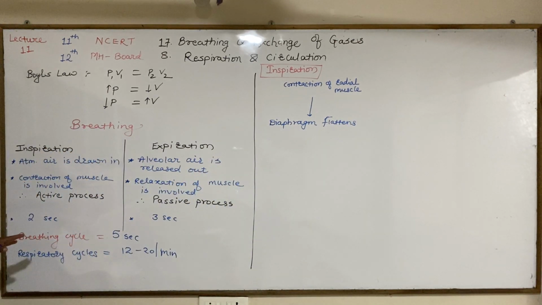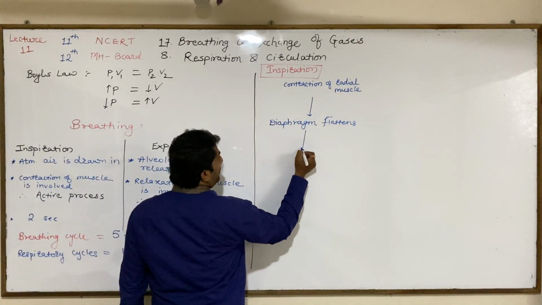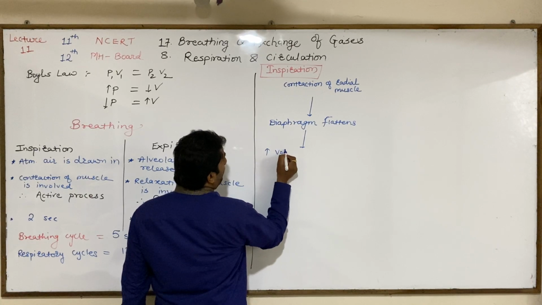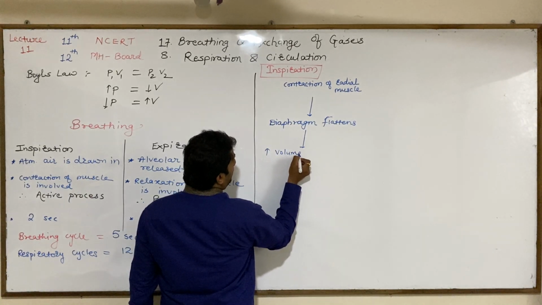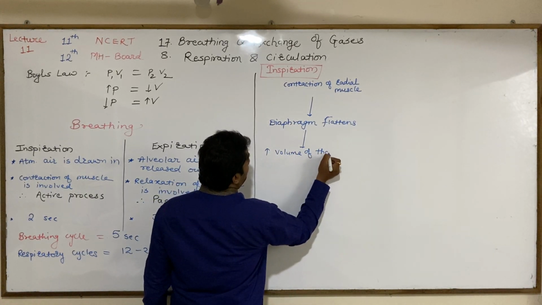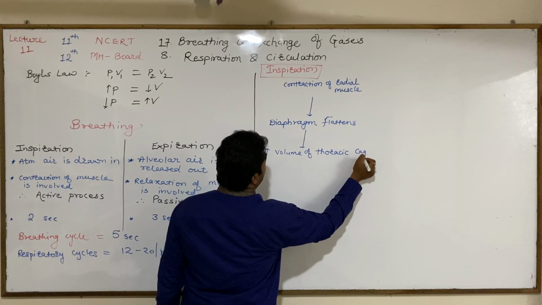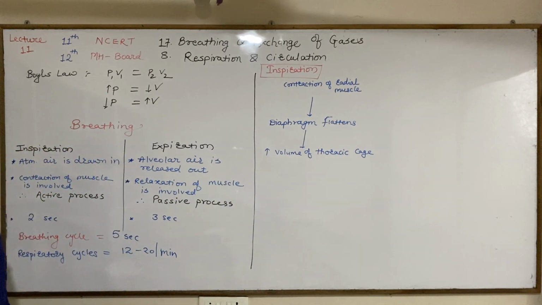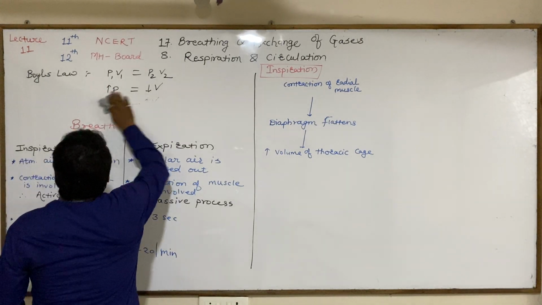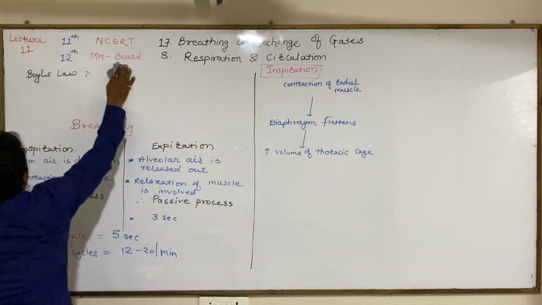The diaphragm becomes flat, which causes an increase in the volume of the thoracic cage. As the volume of the thoracic cage increases, it causes a decrease in intrapulmonary pressure.